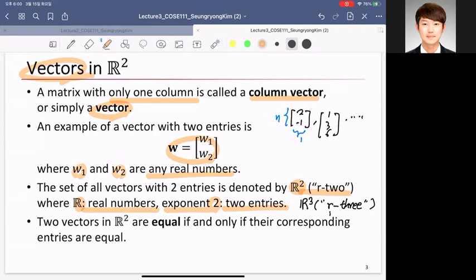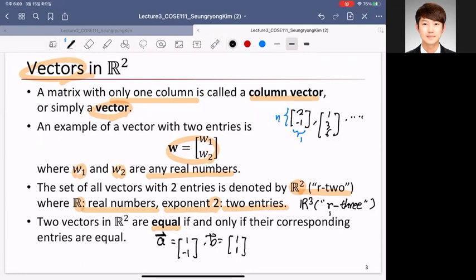Next, 2 vectors in R2 are equal if and only if their corresponding entries are equal. From now on we will represent the vector like this, vector A. Let's suppose that vector A consists of 1 and -1, and vector B consists of 1 and 1.